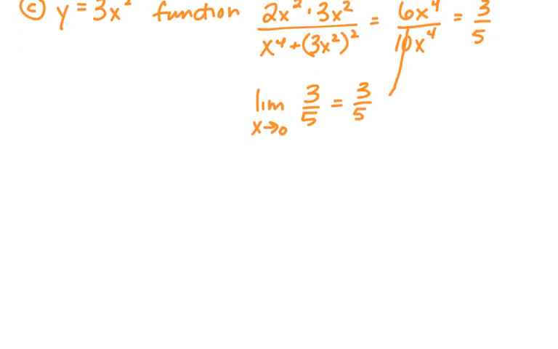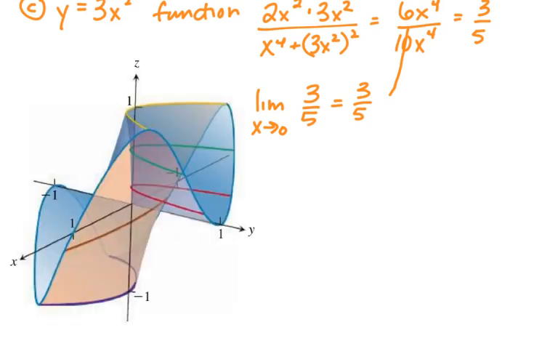And I like this example. I did this one from the book because there was a really nice visual of our function, and you can kind of visualize these different parabolas that we have considered here. So here is my function, and you can see all of these parabolic paths lying on those xy planes within the function.